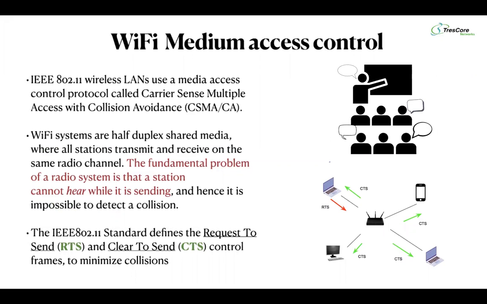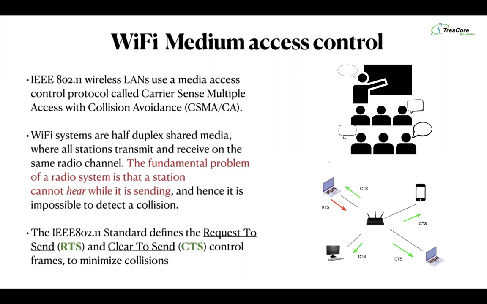If you look at, for example, an Ethernet cable, there will be a transmit line and a receive line, so that you can send and receive. Whereas in wireless, it's a single medium.